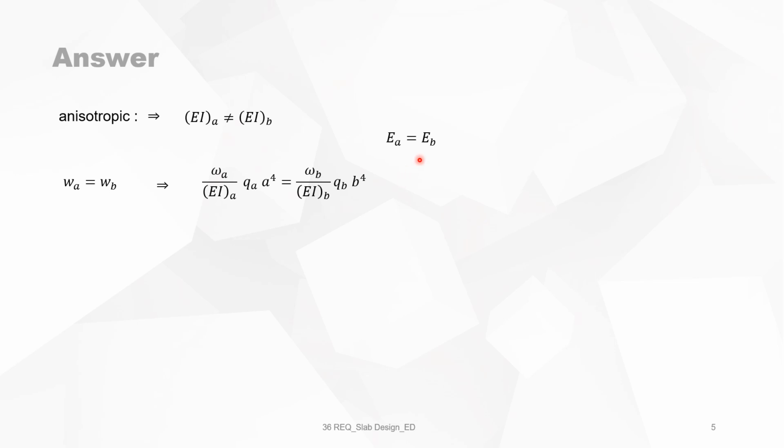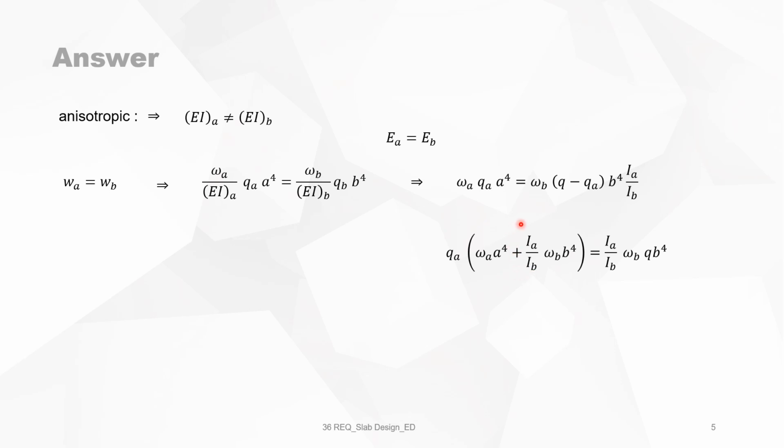In a case that, for instance, the slab is cracked in direction A and not in direction B, then of course you cannot write this, and then you have to take into account the whole value. Simplifying the equation, then we are regrouping again for QA.